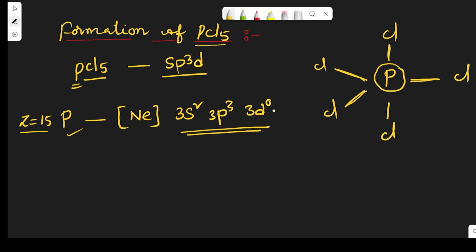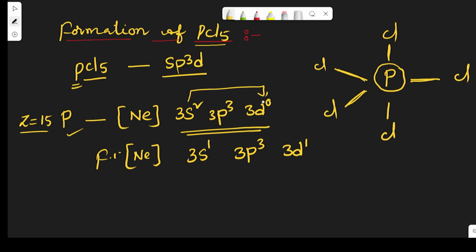In the ground state there are no electrons in the d orbital. But in the first excited state its configuration changes to neon 3s1, 3p3 and 3d1. One electron is excited from the s orbital to the d orbital.